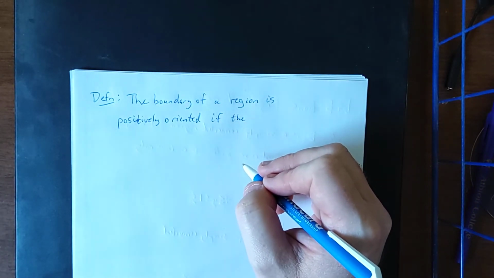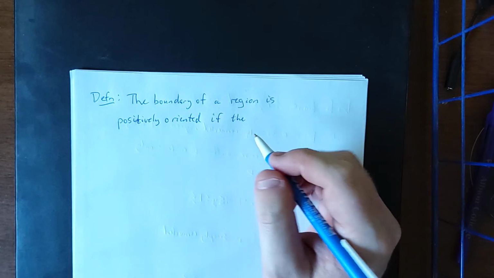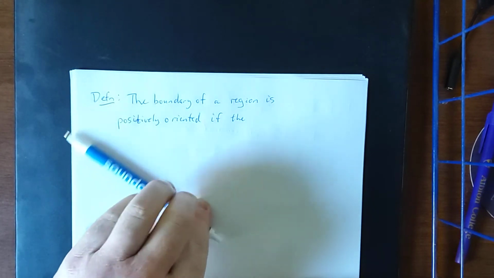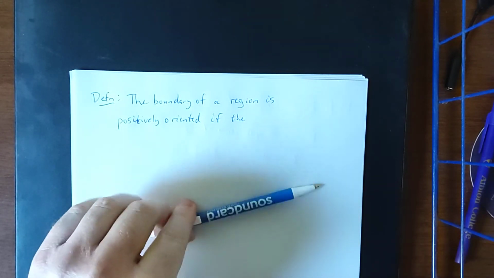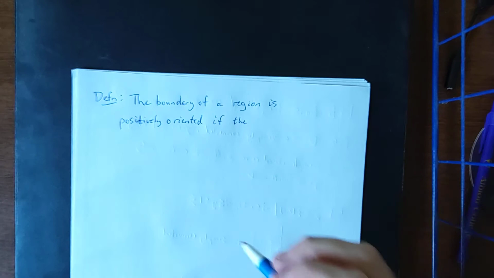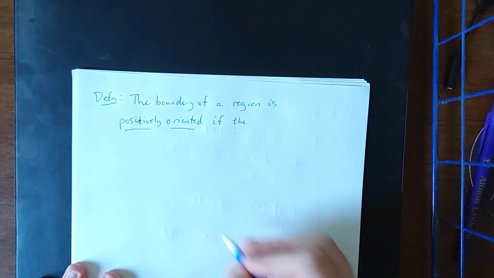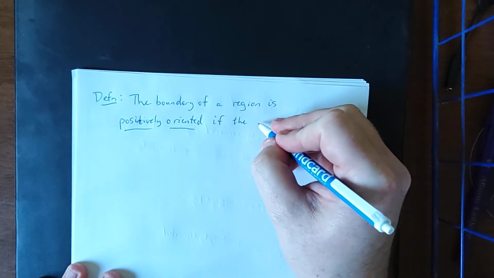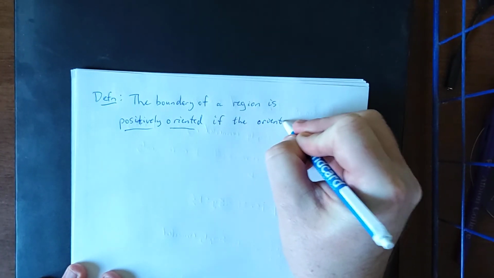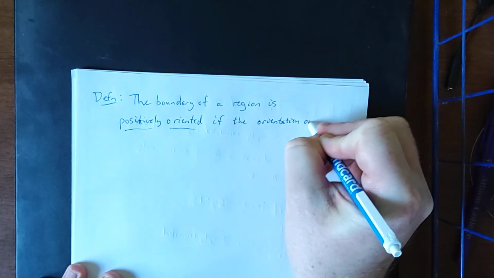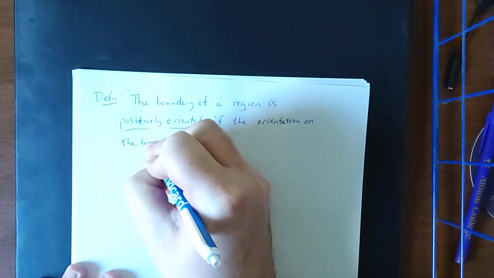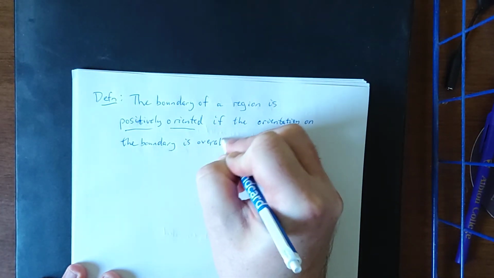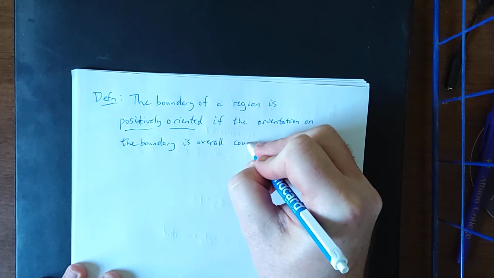Well, the way that we do positively measured angles within the xy plane is that as we rotate, we're essentially going counterclockwise around the xy plane. So if you can do that in general with your region, we would consider that to be positively oriented. So the boundary of a region is positively oriented if the orientation on the boundary is overall counterclockwise.